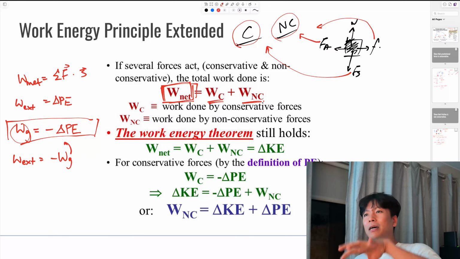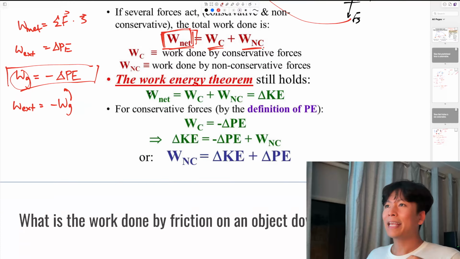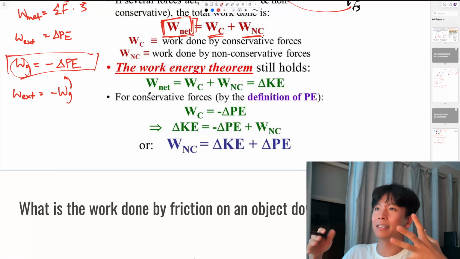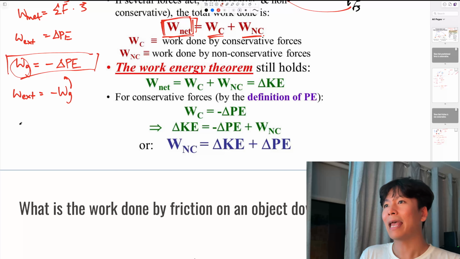And so from the last video, I can then generalize this a little bit more to say that work done by a conservative force like gravity is equal to negative the change in potential. So now it's more generalized.